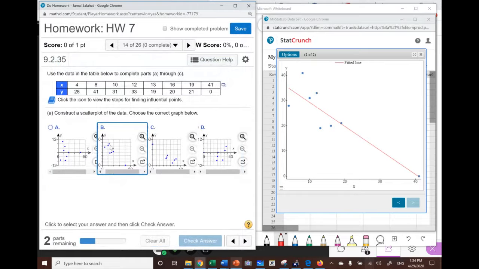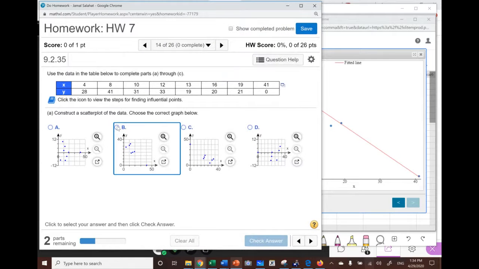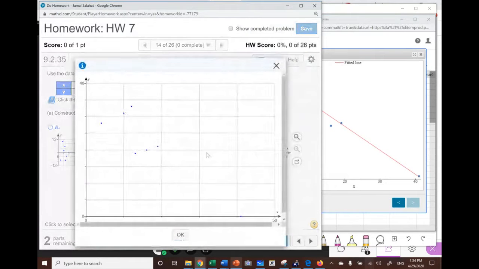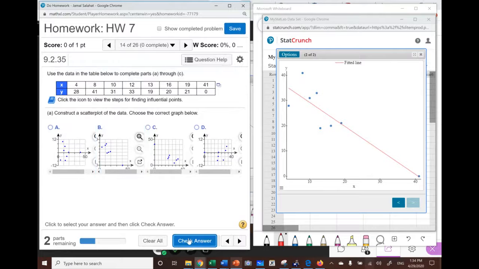So we're just going to assume this is the correct answer. Let me enlarge the graph. This is my best bet for a correct answer. Okay, don't forget the line. Let's double check the answer, and it's the correct answer.